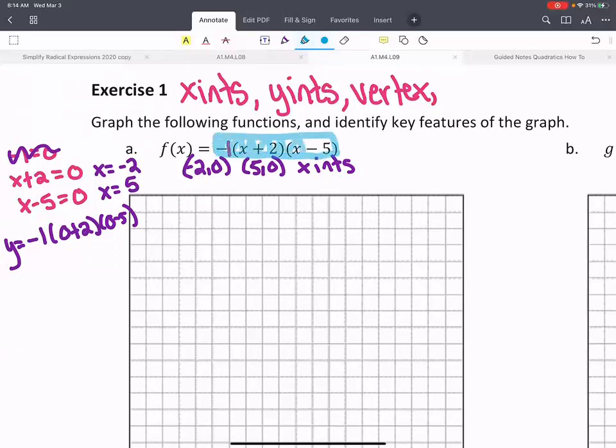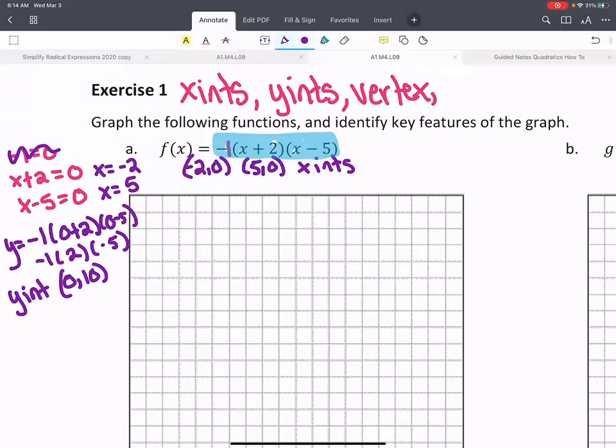I'm substituting 0 in for x. Okay, let's solve that. So what's 0 plus 2? Yeah, that wasn't a trick question. -1 times 2 times 0 minus 5. Okay, what's -1 times 2? -2. What's -2 times -5? Positive what? 10. So my y-intercept is at 0, 10.